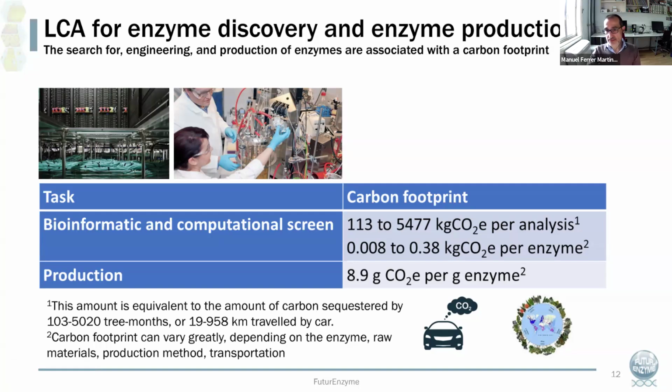Here you can see that in total it is about half a kilogram of CO2 per single enzyme. This is why in our consortium we try to optimize all the processes, to bring down the carbon footprint of the enzyme, because the production of the enzyme itself is also an additive to the carbon footprint of our products and processes.